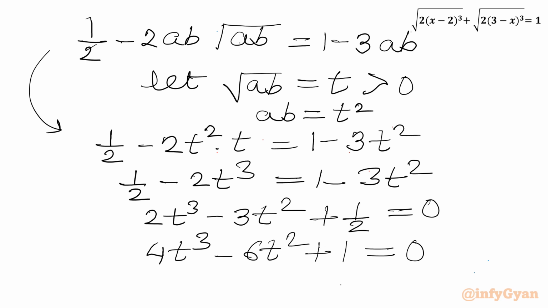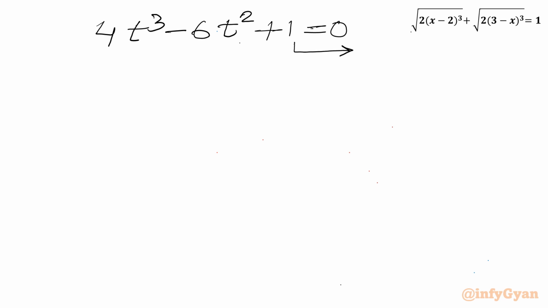Let's solve using the rational root theorem and the synthetic division method. So I will write the equation as 4t³ − 6t² + 1 = 0. Let's write all the eligible factors of the constant term 1, so it would be ±1. Similarly, I will write for the leading coefficient also: ±1, ±2 and ±4.